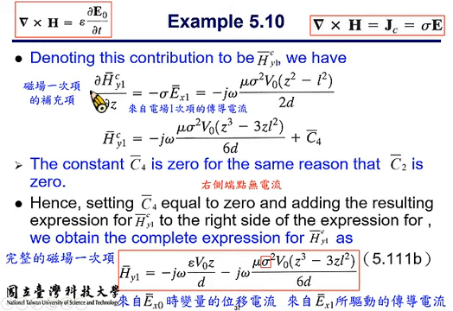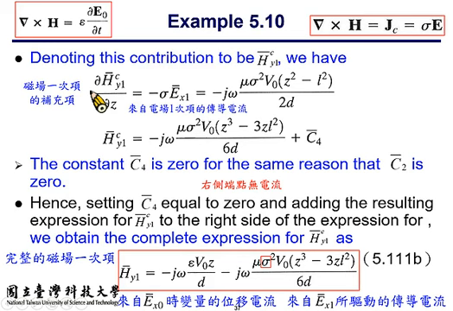So you have another constant C4. The constant C4 is 0 for the same reason that C2 is 0. So you look at the right, because there is no current at the right end, so C4 equals to 0 as well.